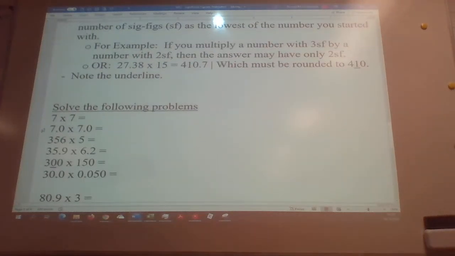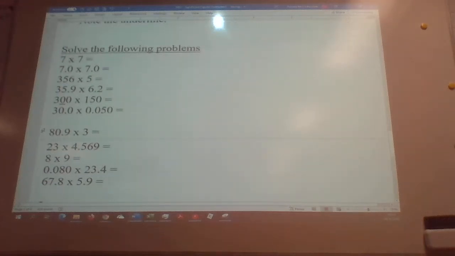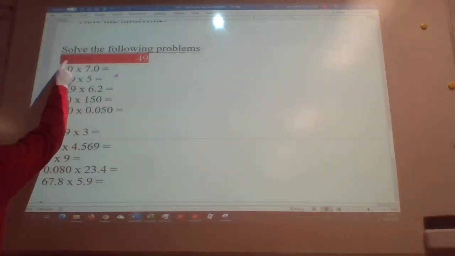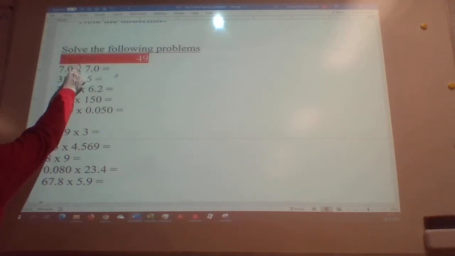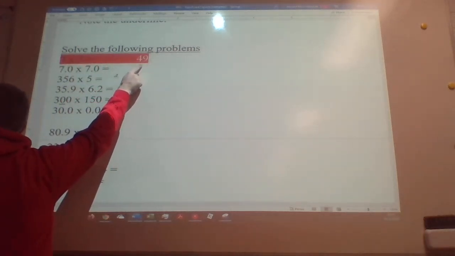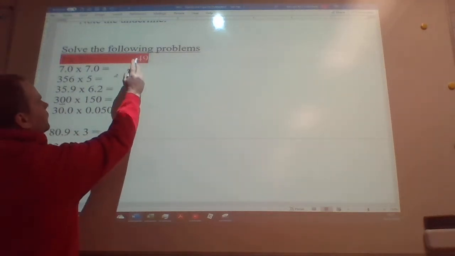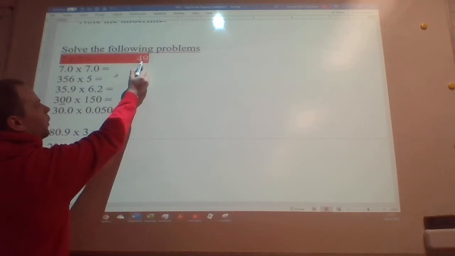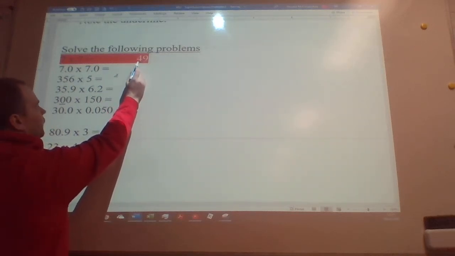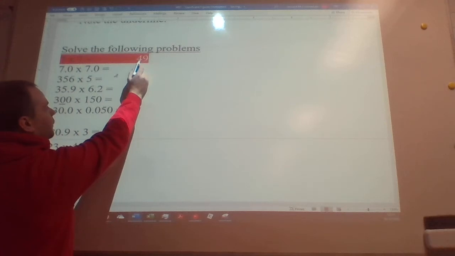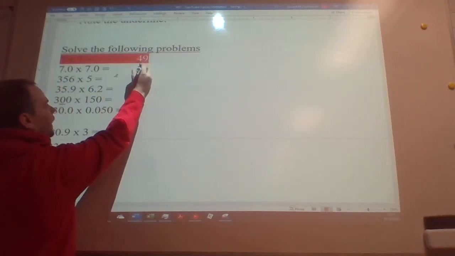So then a couple other practice problems. 7 times 7 is normally 49. But 7 and 7 are both 1 sig fig numbers, which means this number can only have 1 sig fig. So this is going to be our last significant digit, our first number. 9 makes the 4 round up to a 5, so this becomes a 5.